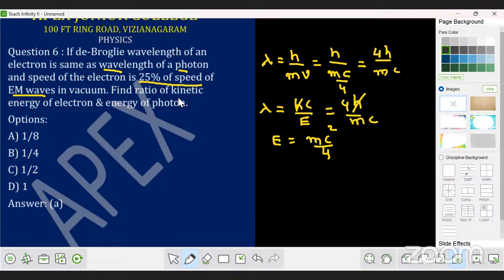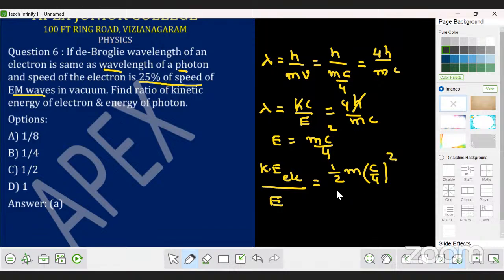Now, what is the question? Find the ratio of kinetic energy of electron and energy of photon. So, kinetic energy of electron by total energy of photon. What is the kinetic energy of electron? Half mv square only, na? Half into m into what is the velocity of electron? That is c by 4, na?